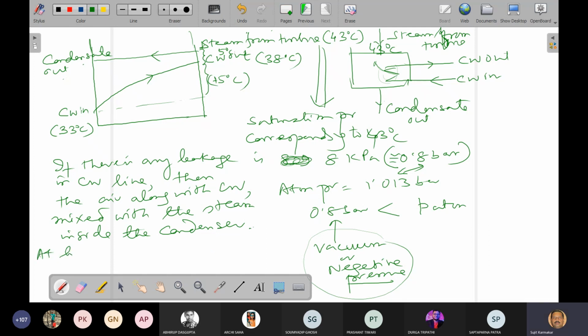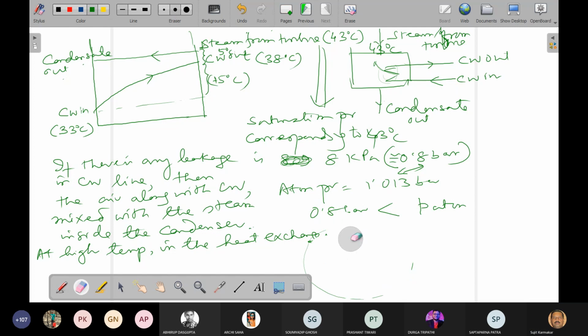So you can write down: at high temperature in the heat exchangers, like superheater, reheater, or maybe evaporator coils, or maybe reheaters.